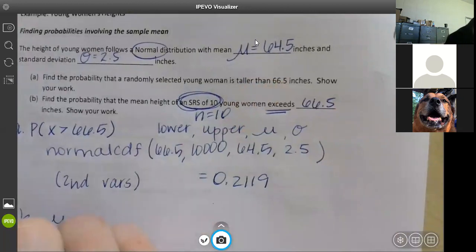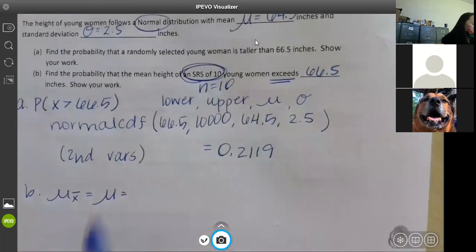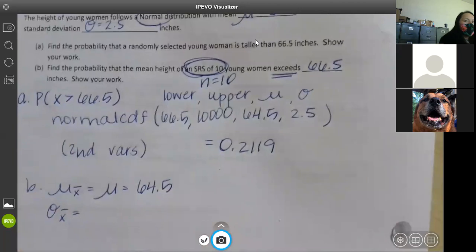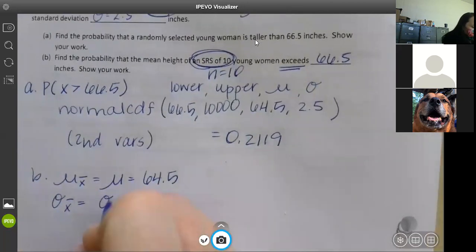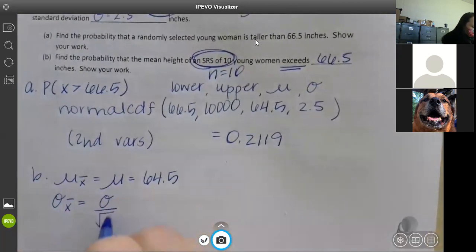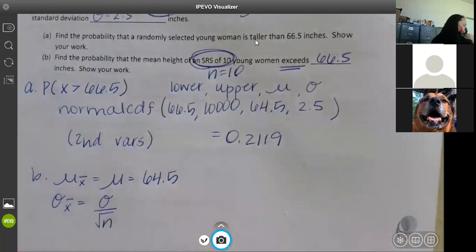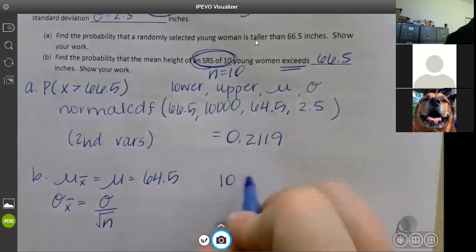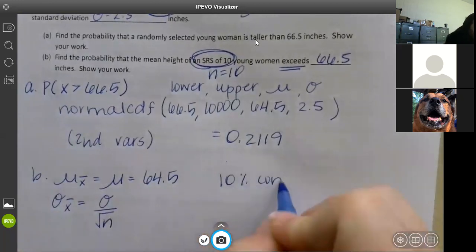So we need to find the mean of the sample, which we know is the same as the mean of the population, which was 64.5. So that one will not change. But our standard deviation of our sample, how do we find it? Can I just go ahead and find it? Yes, check the 10% rule, or the 10% condition.